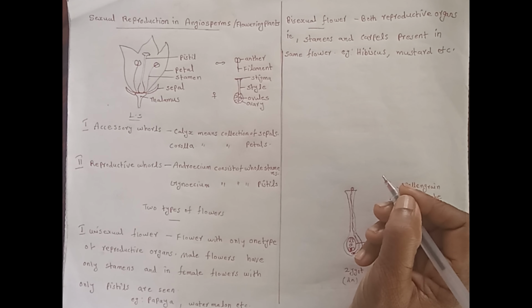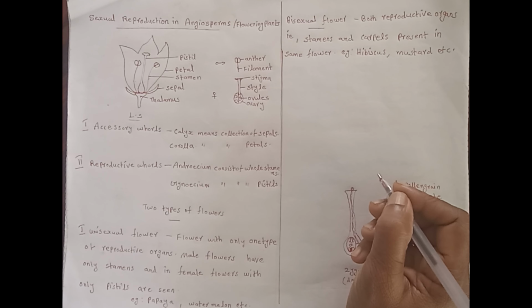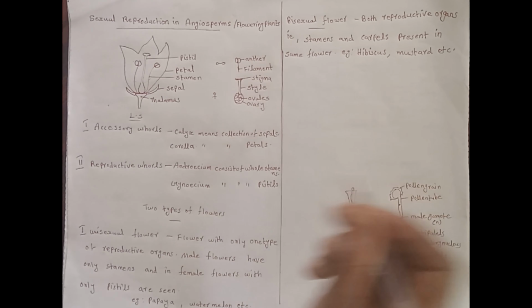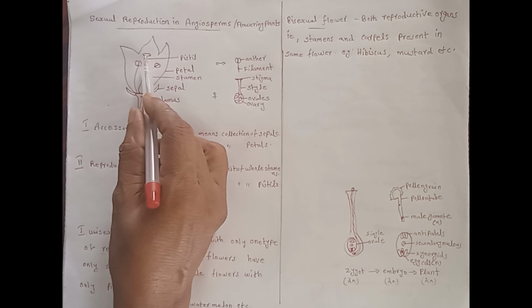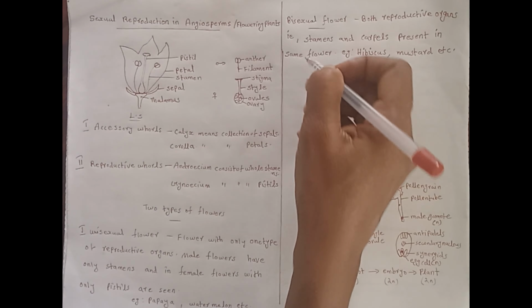Next, what is pollination? Transfer of pollen grains from anther to the stigma of the flower is known as pollination.